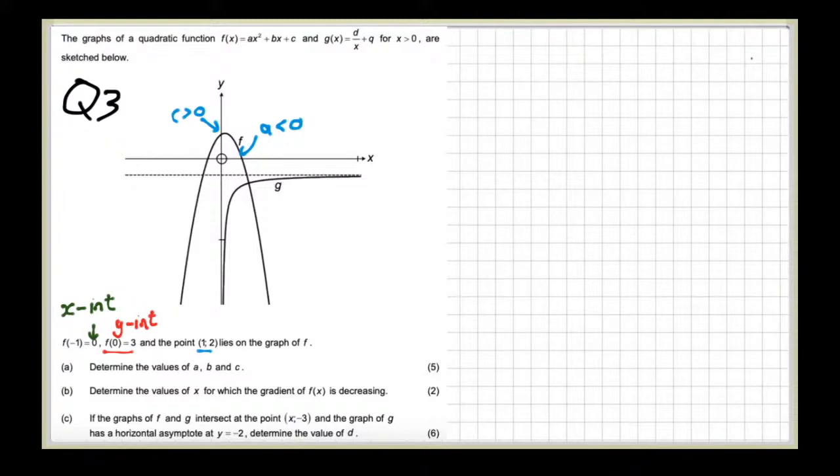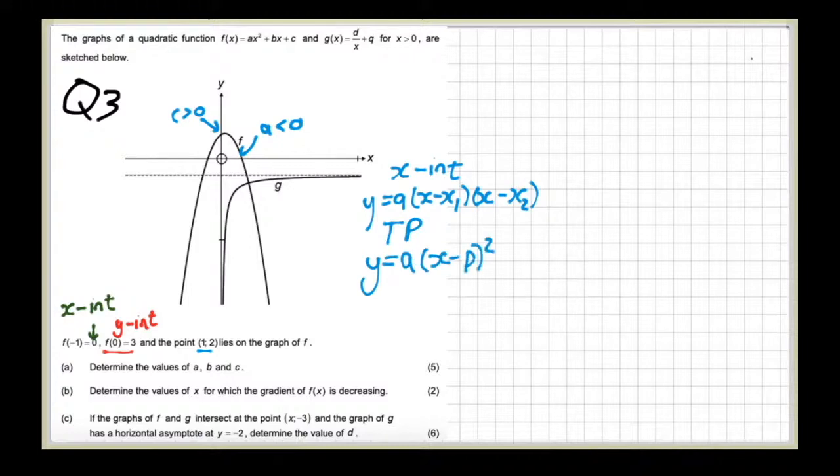Because usually in the textbooks and in all the exams we do, we either give you the two x-intercepts, then you use the form of y equal to a(x minus x1)(x minus x2), or they give you the turning point, where you use y equal to a(x minus p) squared plus q. They give you usually one of the two.